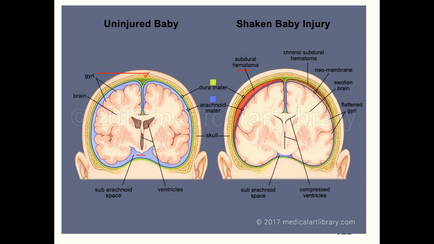However, in shaken baby syndrome, they're shaken so hard that it's no longer really able to protect. So that causes bleeds when that brain bumps up against those cranial bones, and causes brain bleeds. And you can see the difference in the shape of the brain and how that works.